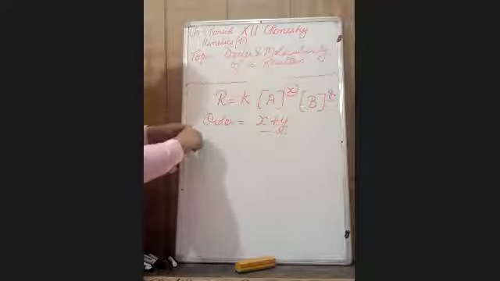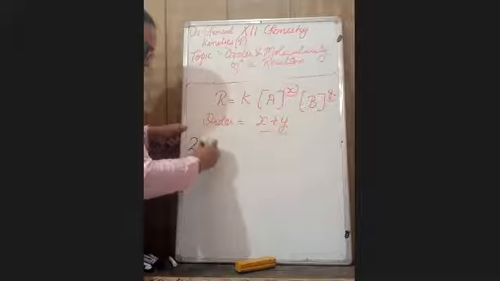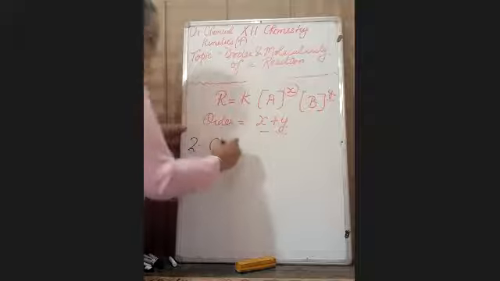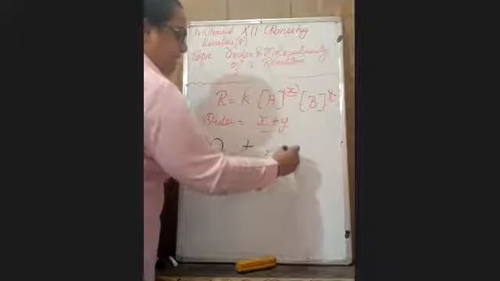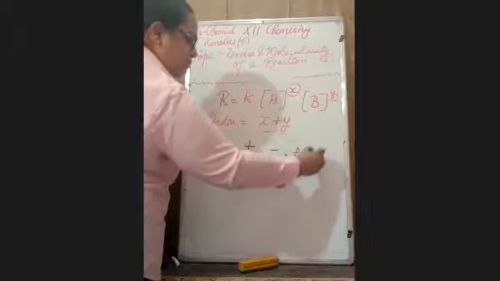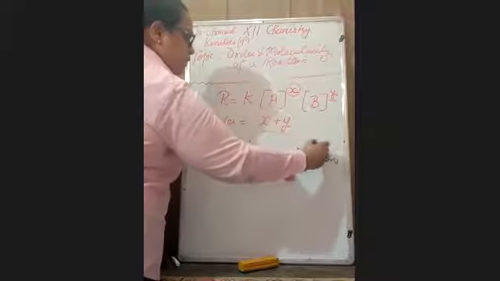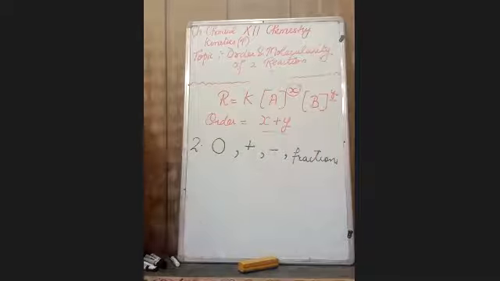Second, order of a reaction can be 0, positive, negative, or even fractions. It cannot be told only by seeing the balanced chemical equation.